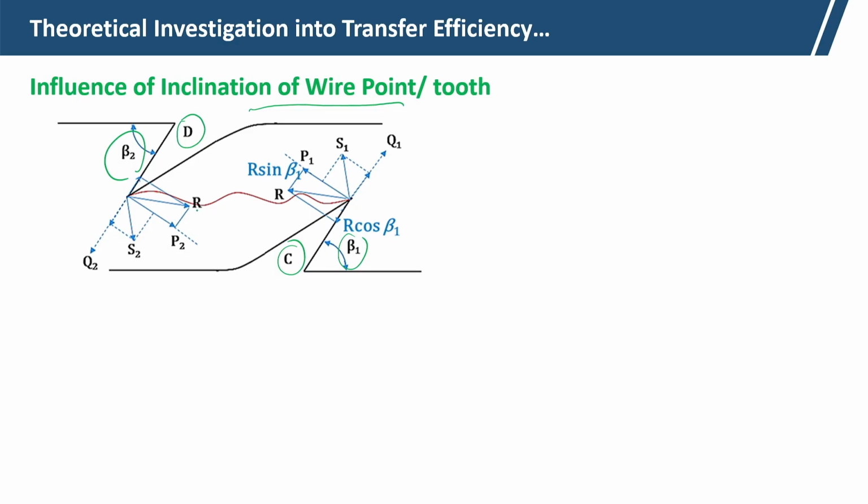The red fiber being gripped is under the action of both cylinder and doffer, with point against point action, in opposite directions.